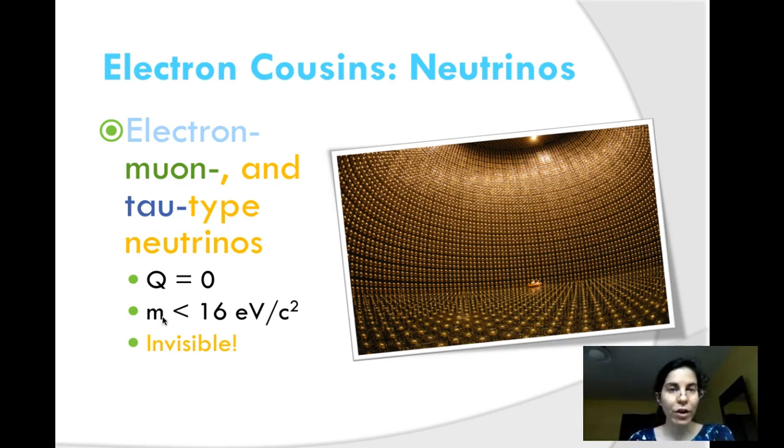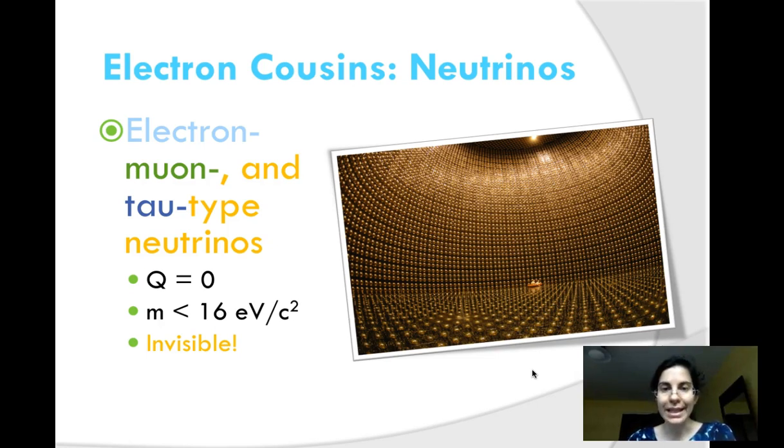Now, we've never seen a neutrino in a regular detector. You need to build a special neutrino detector. These are the kind we have at Fermilab in Minerva and in Minos. They are so unbelievably unreactive, those neutrinos.